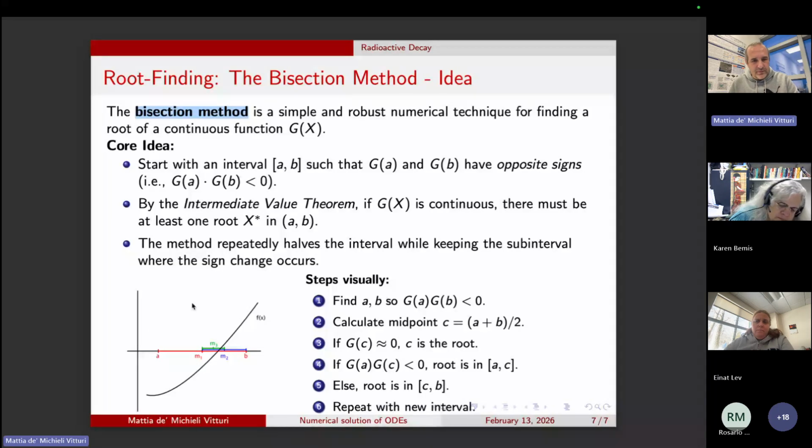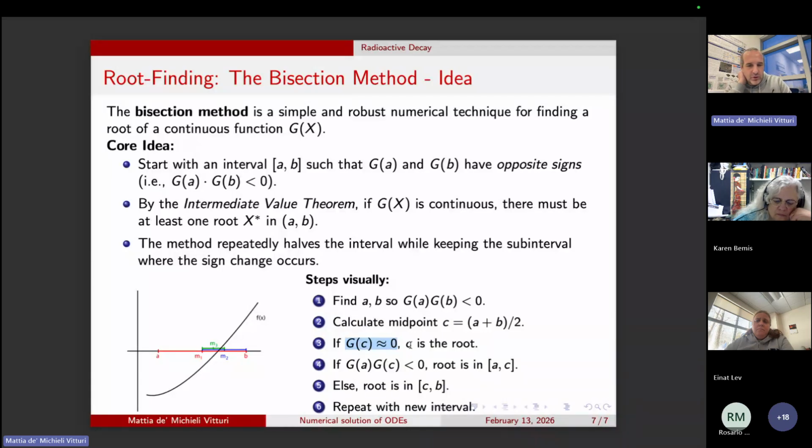So this is what is called the bisection method, and the steps are: first, to find 2 points where on one side the function is positive and the other is negative. So it means that the product has to be negative. Then we compute the midpoint. If in the midpoint the value of the function is close to 0, then we have already found our solution.